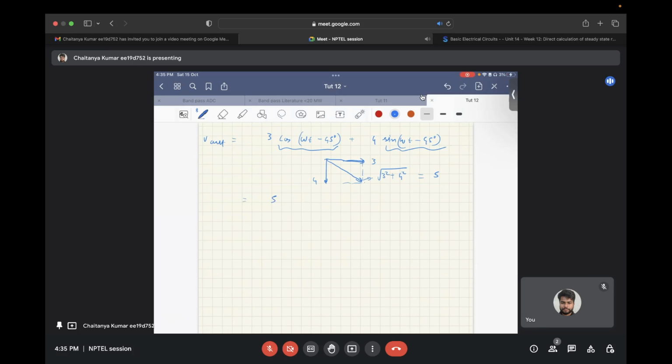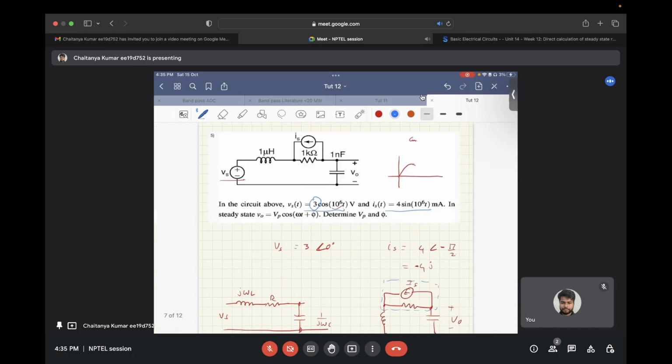So the final magnitude is 5, and the phase will be cos of omega t. Now, the initial minus 45 degrees is there anyways, and the additional phase that will be added to this will be minus tan inverse. So this over here is 4, so minus of tan inverse 4 by 3. So this is the phase, and 5 is the magnitude.